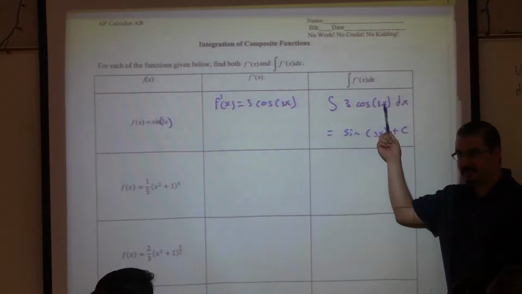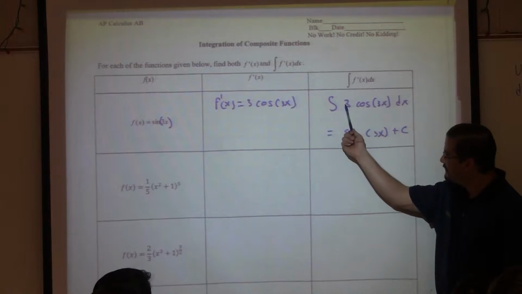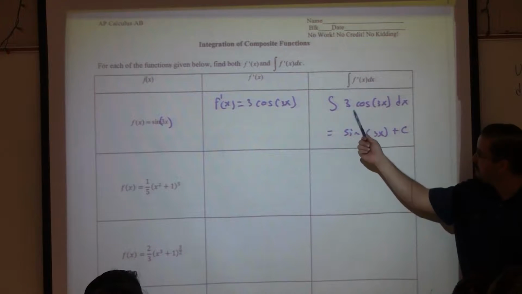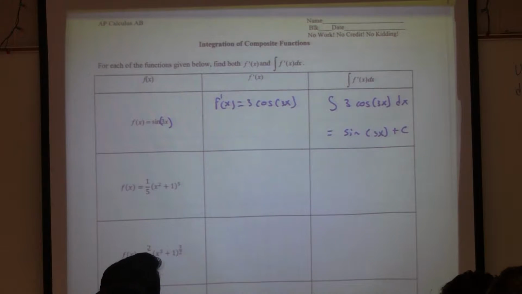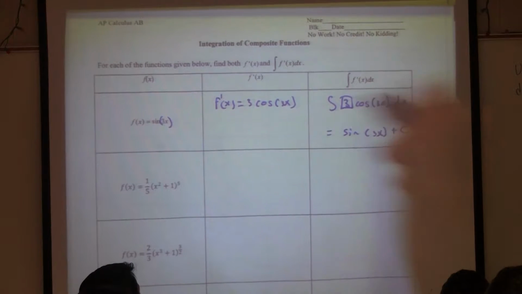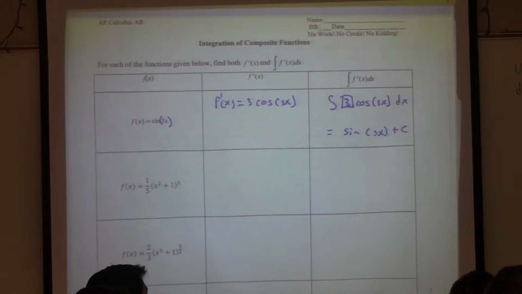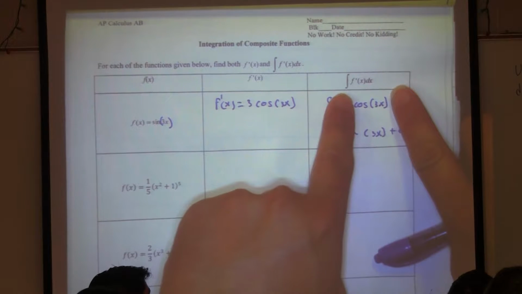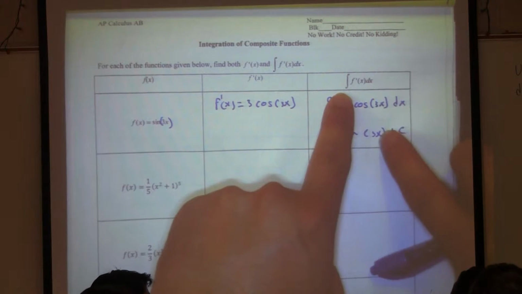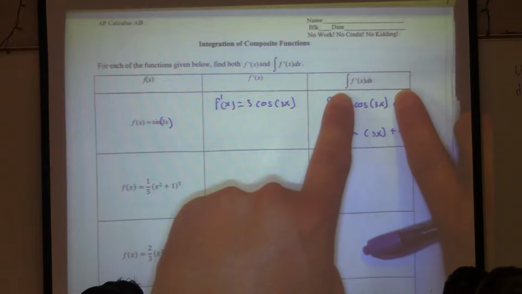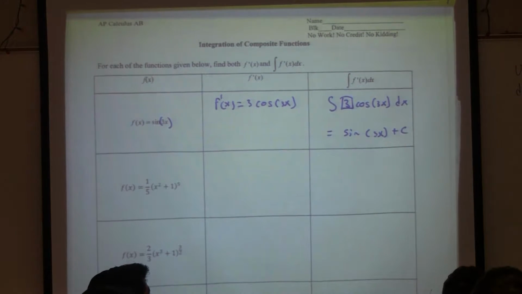And its derivative was what? 3. So what has to be there? The derivative of whatever u was, right? So as long as you see that derivative being in there, a part of that problem, you can technically ignore all those parts and just integrate it as if that were just a u. To keep bringing that argument down. You understand? Clear? Look at the next one.